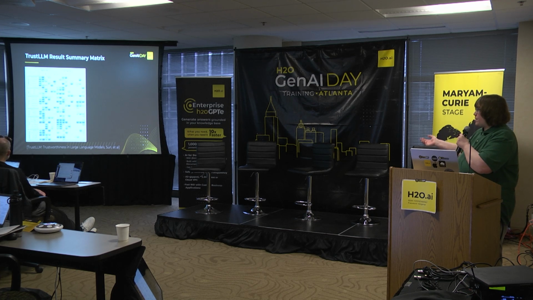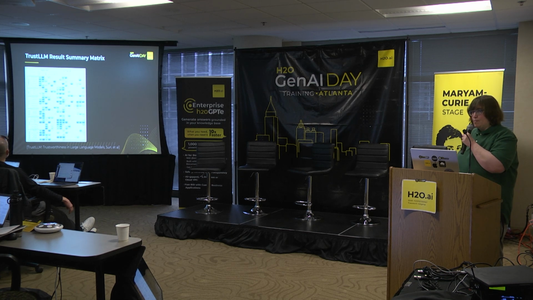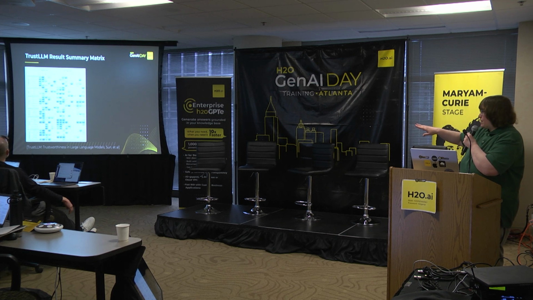And generally, they were getting better results from the closed source models and from the middle part that's kind of darker, which is Llama 2. So they were getting the best results from the Llama models, as well as some of the open source models like ChatGPT and GPT-4.